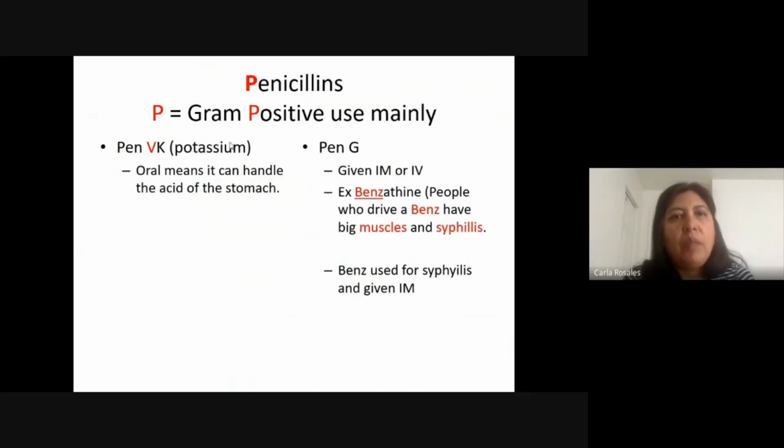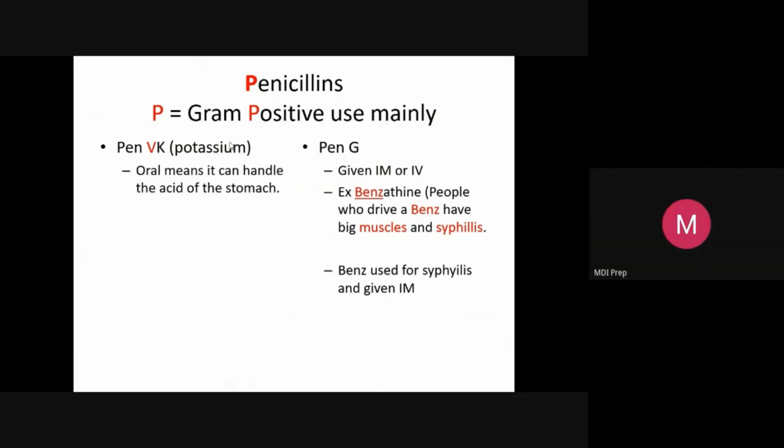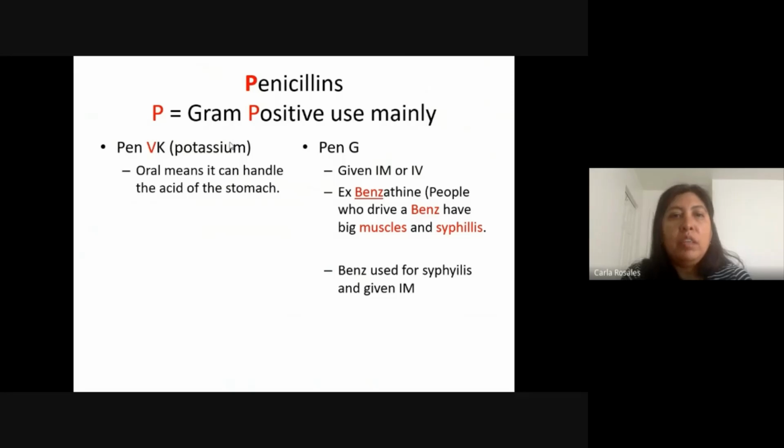Okay. We have two types of penicillin, the BK and the PNG. The difference is that the BK we can give by mouth, orally, and the G we can give intramuscular or IV. An example of this is that we use it for syphilis patients.